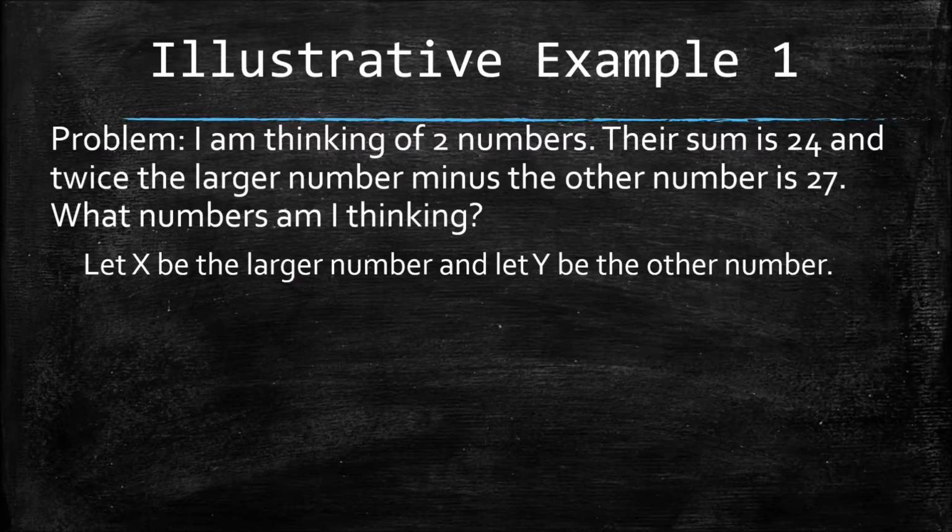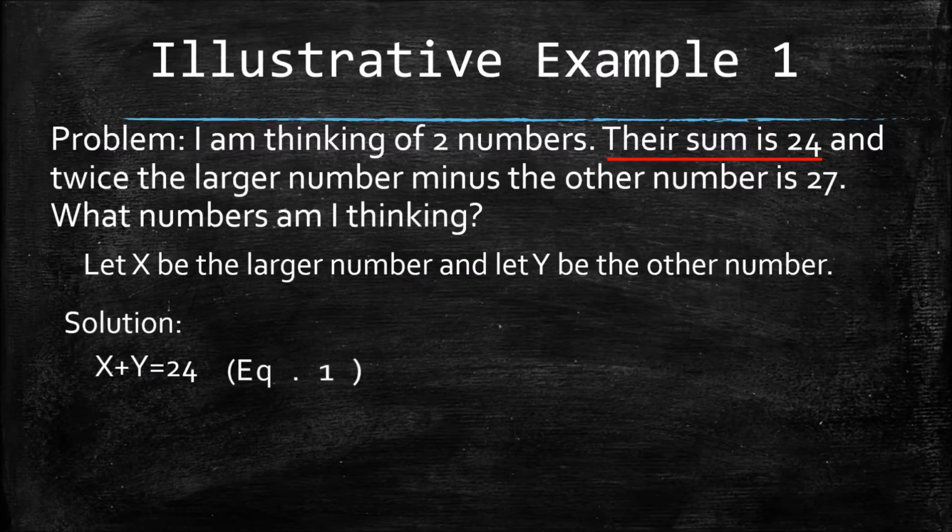So let's translate now the verbal statements of this problem into algebraic equations. The first equation is that their sum is 24. Since we know that the numbers are x and y, we can say x plus y is equal to 24. And we name that equation 1.